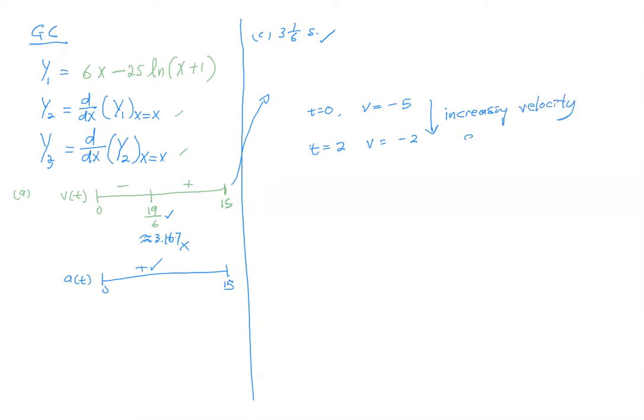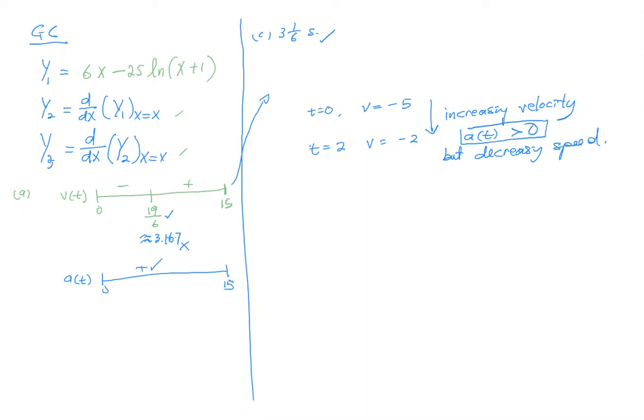That's why the acceleration is greater than 0, positive. Increasing velocity, but decreasing speed. Do you get me? Because the acceleration is positive.